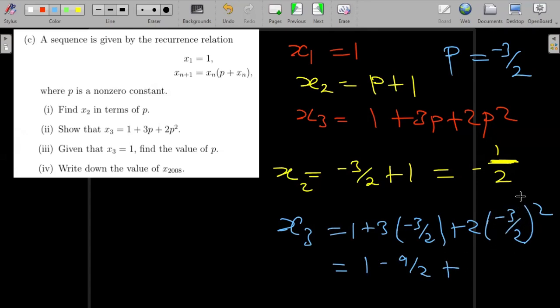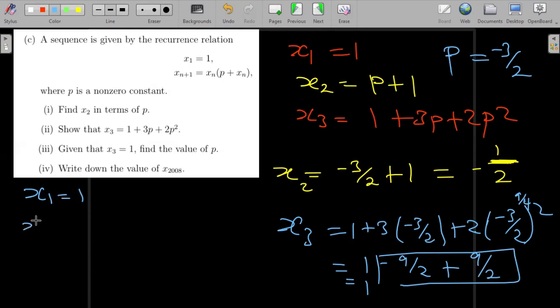We first square this one, we get 9 over 4. Then we multiply by 2, that will just be 9 over 2 as well. So this one will be 0. So x3 is just 1. So what we have is x1 is equal to 1, x2 is equal to minus half, x3 is equal to 1. I think we can see a pattern there.